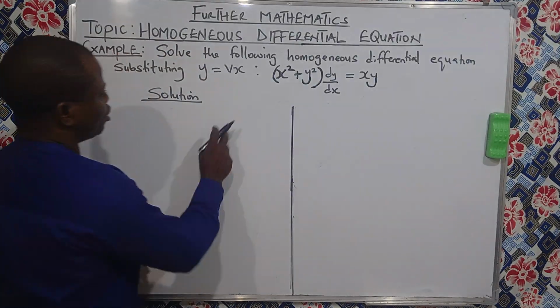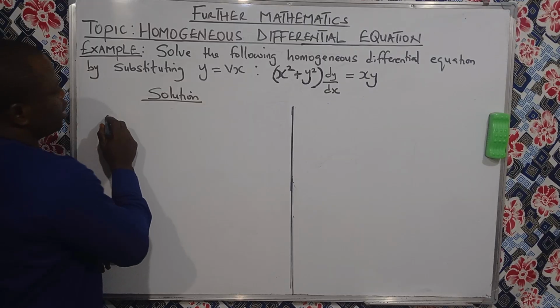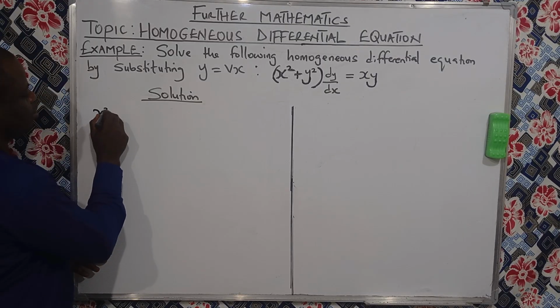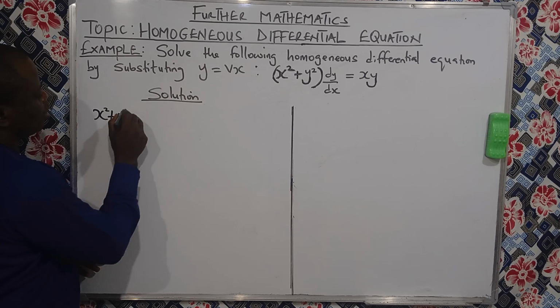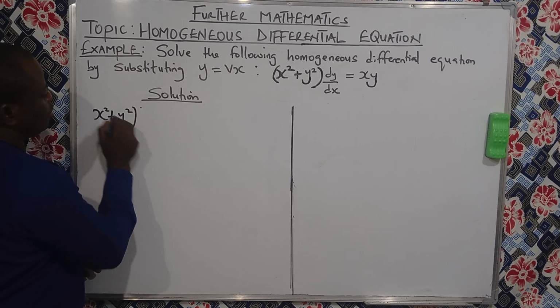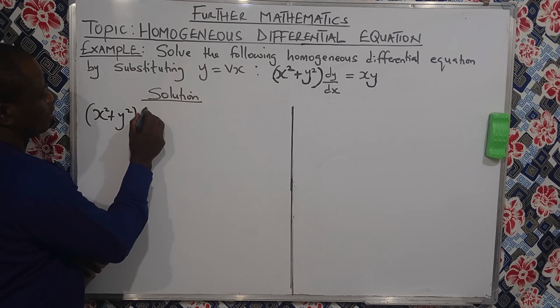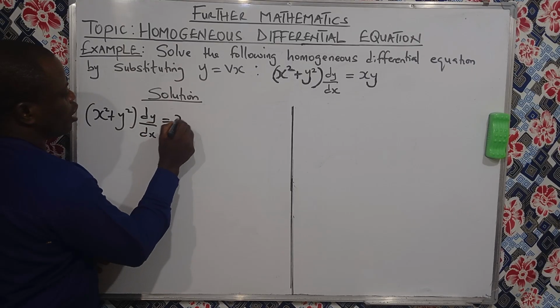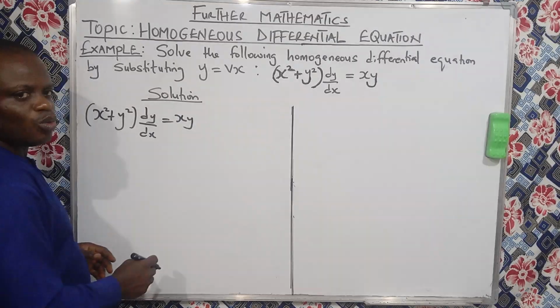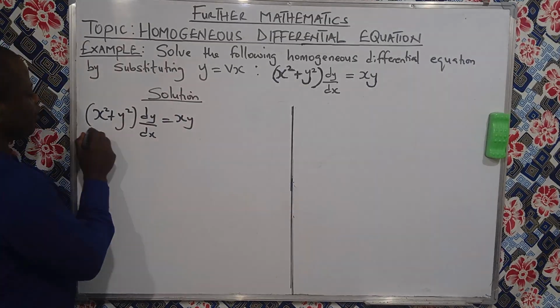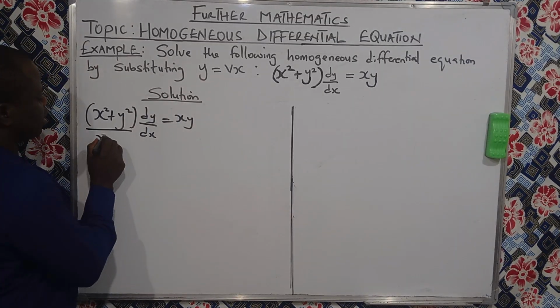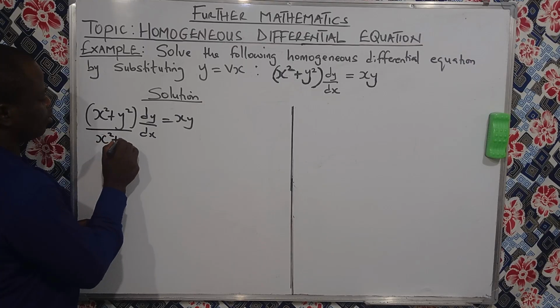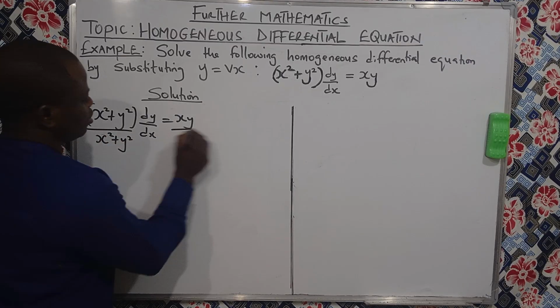Now let's see what's on the board. We have x squared plus y squared, dy over dx equals xy. What we need to do here is to divide both sides by x squared plus y squared.